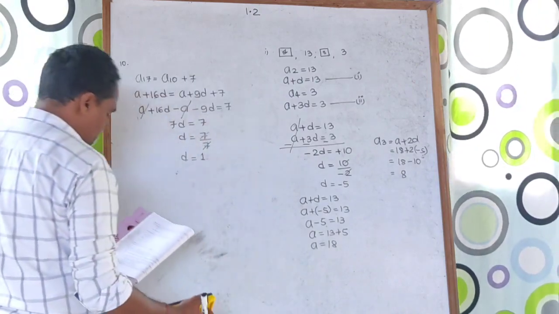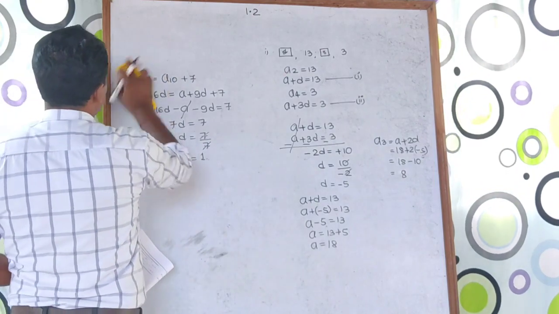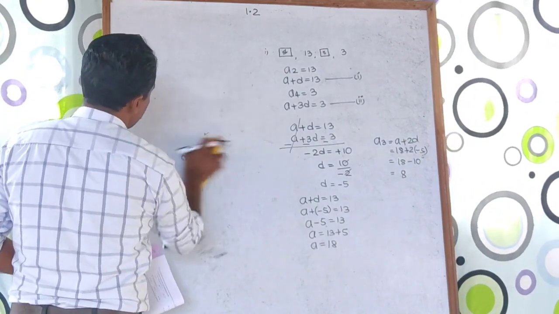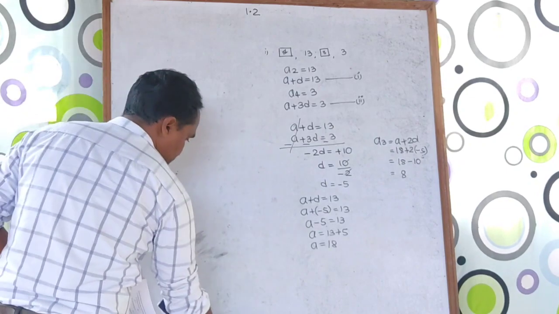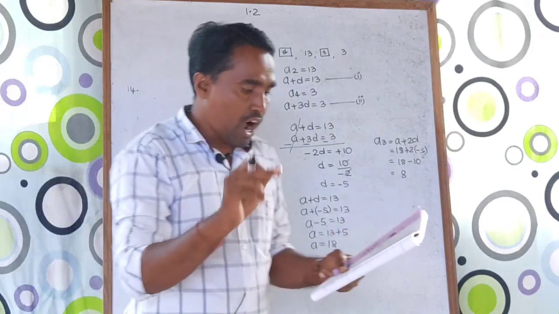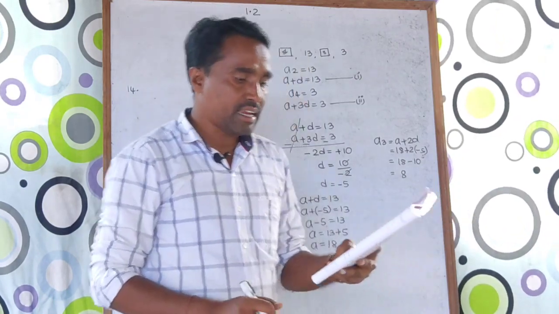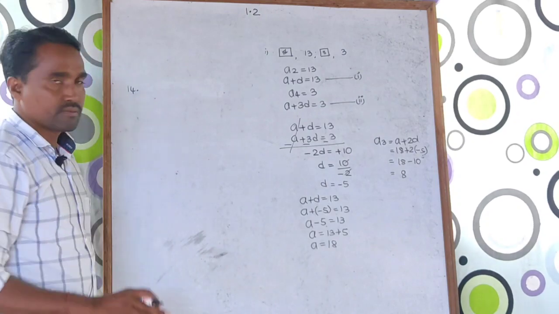If I take question number 14, it is said: how many multiples of 4 lie between 10 and 250? Is the question clear?